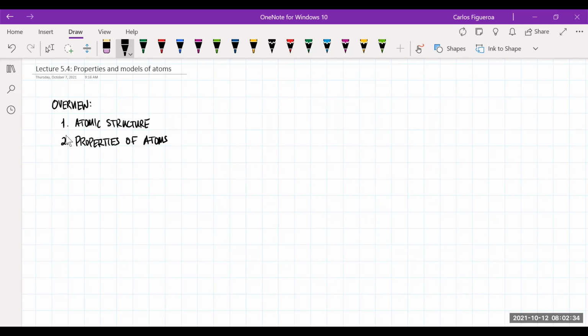And ultimately, what we want to do in the properties of atoms is talk about the size, quantity, and age of atoms. I think that's definitely one of the topics. In fact, maybe I should list them just so that I have them clear in my head as I lecture. So this will be the first one.